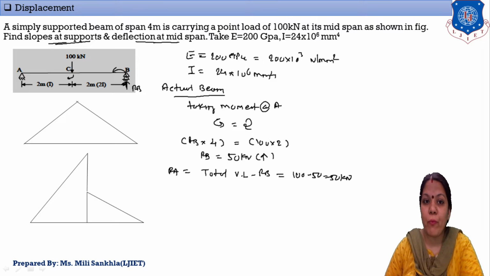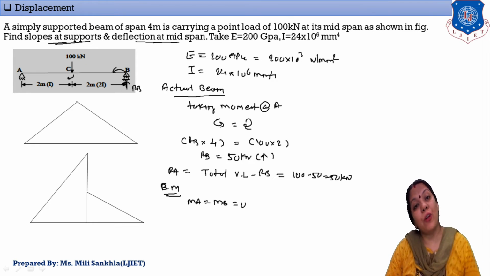Now we find out the bending moment. So make a heading, bending moment calculation. At A and B point, moment is always 0, because here is a hinge and the second is a roller. A hinge has two support reactions, one horizontal and one vertical, and a roller support has only one support reaction, so moment is 0.